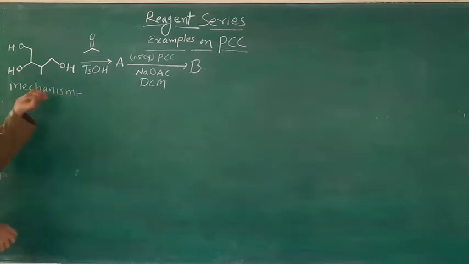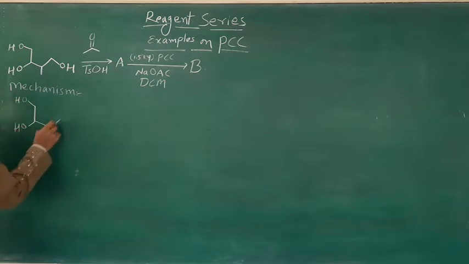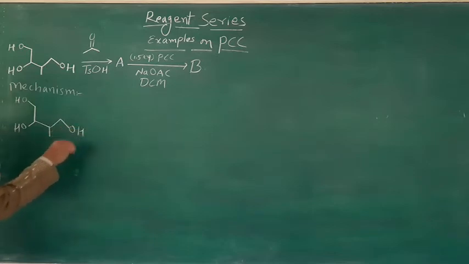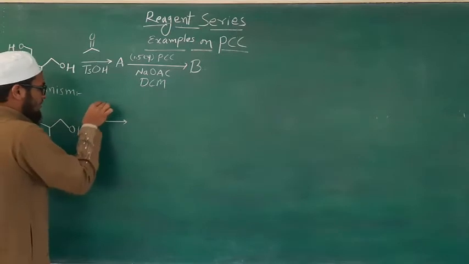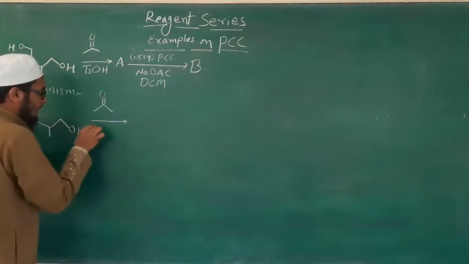Mechanism. Now look at here. At first step, it has this 1,2-diol, and here we have our CH3 group and then OH. Now, what will this acetone do? Look at here.